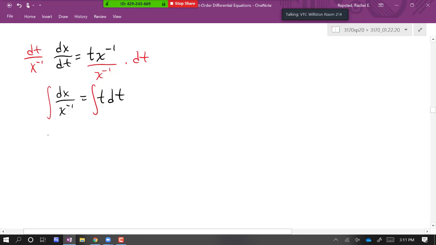Right, yeah, because this is, in fact, I'm going to rewrite this. This is just the integral of x dx. And so both of those are just power rule. We get 1/2 x squared and 1/2 t squared. So 1/2 x squared is 1/2 t squared plus a constant. So I'm going to call it c1.